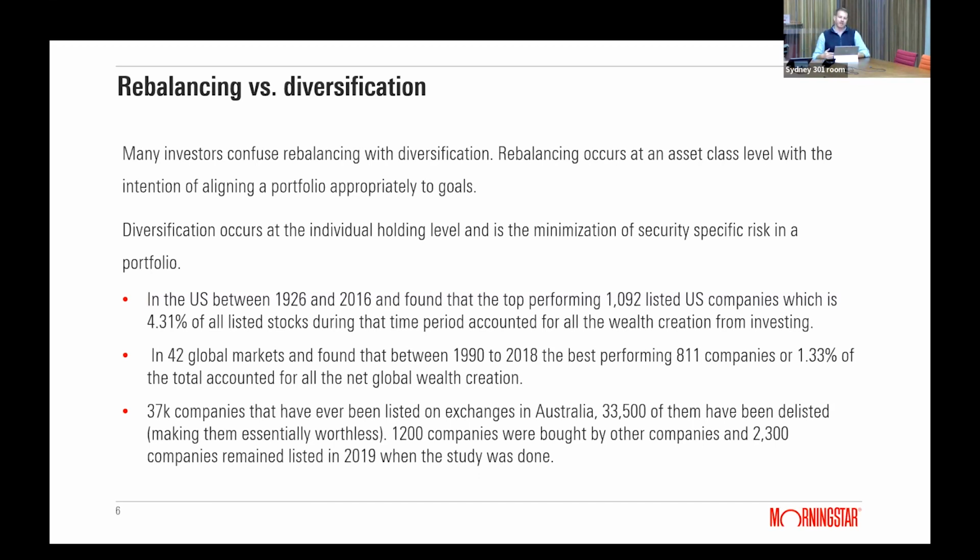Diversification, what we're trying to do there is we're looking at the individual holding level, and we're trying to minimize that security specific risk.